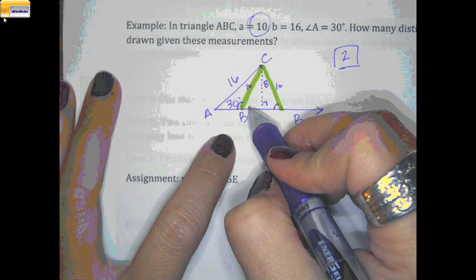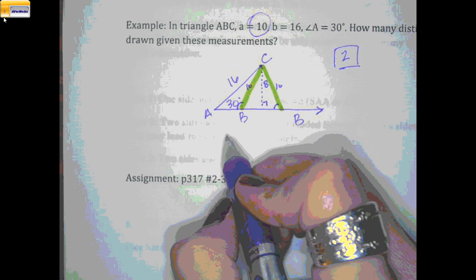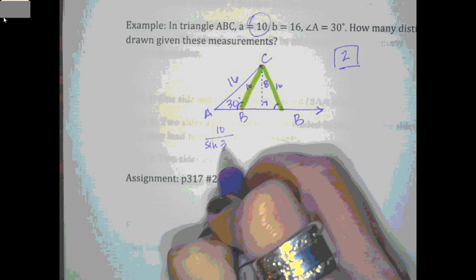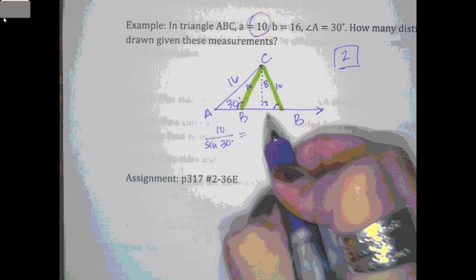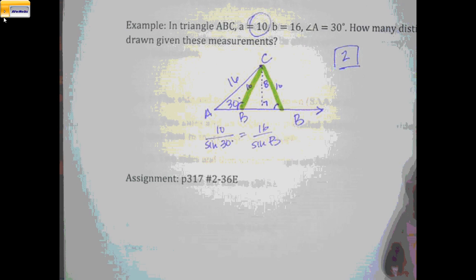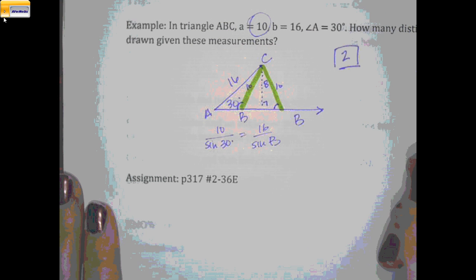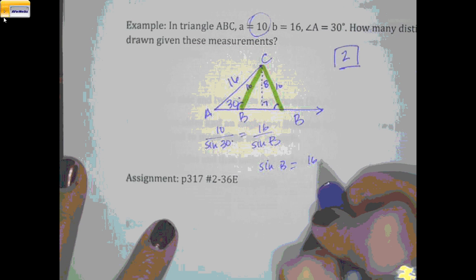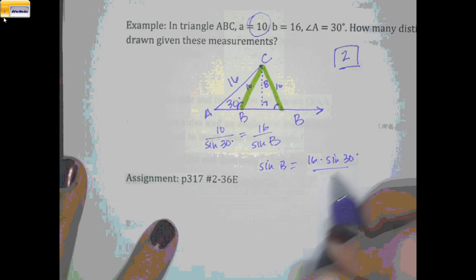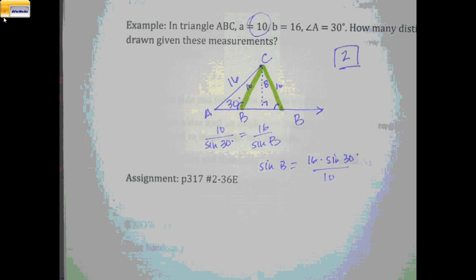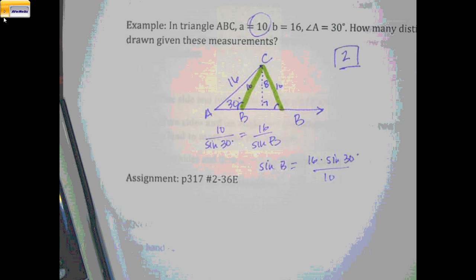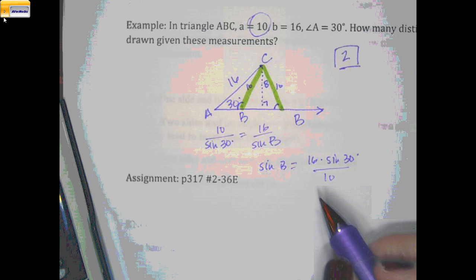Let's do law of sines: A over sine A, so 10 over sine of 30 degrees equals B over sine B, 16 over sine B. Let's solve for B. That's 4/5. I think it's 53. Is that what you guys got?